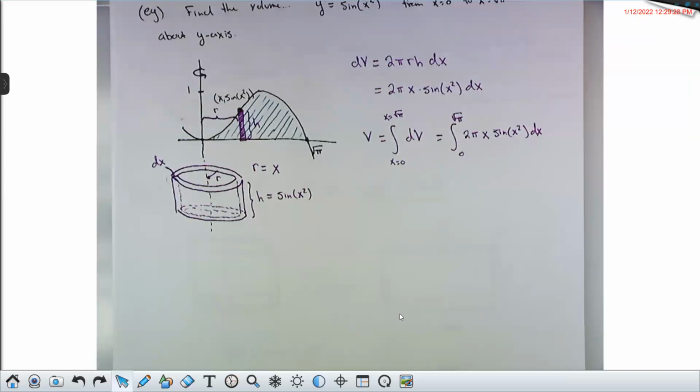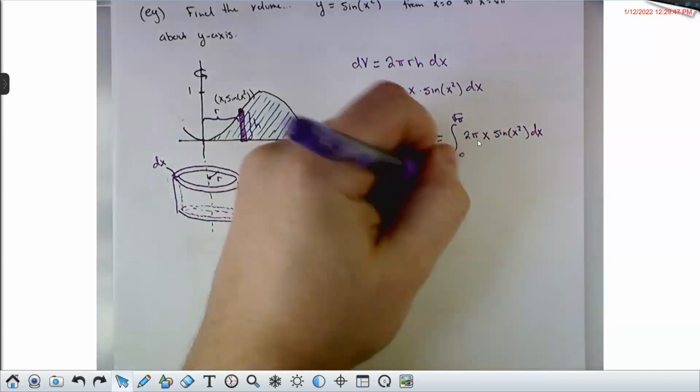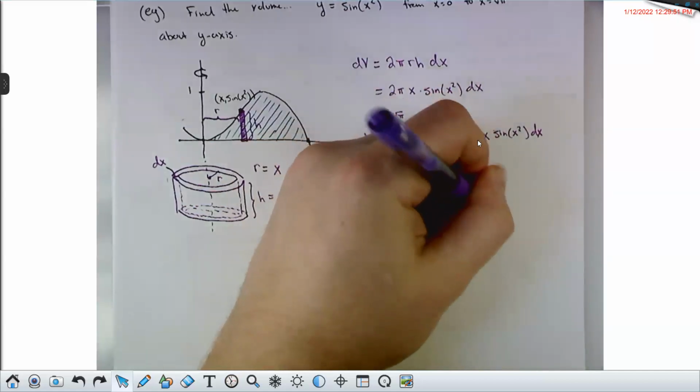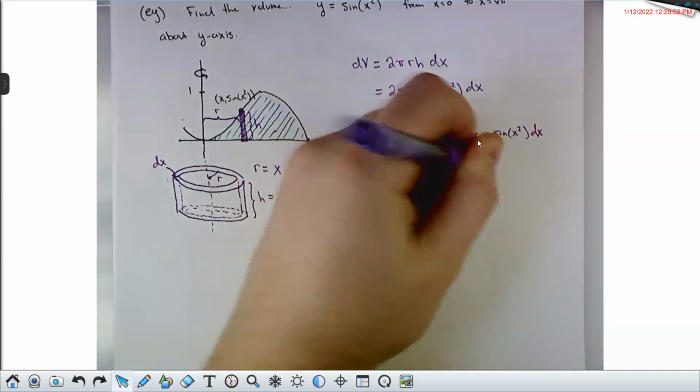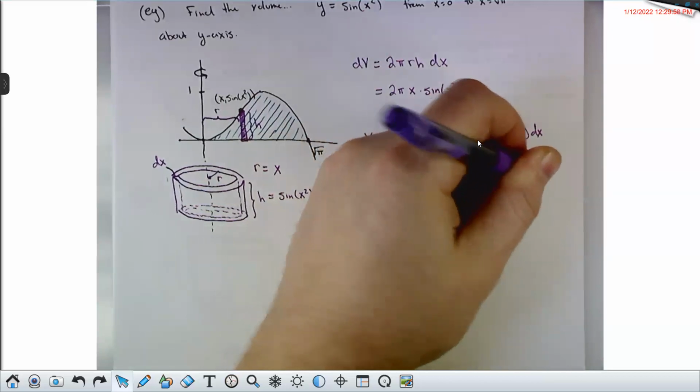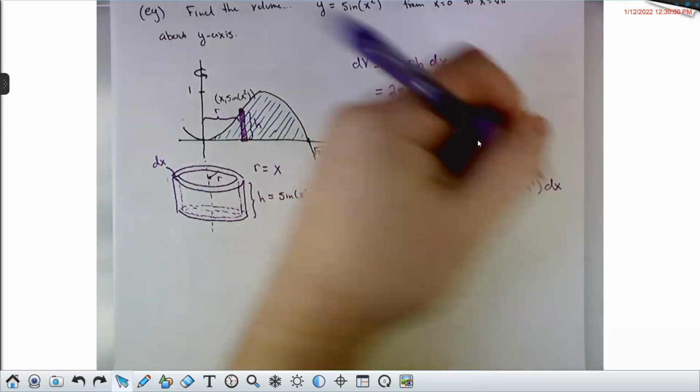Feel free to shout out. I want a conversation here. Pull out the constants. Yeah, and I think that's what you're saying in chat, Fabrice, right? We can pull out the 2 pi. The 2 pi is a constant. And then I'm left with the integral from 0 to root pi of x sine of x squared dx.